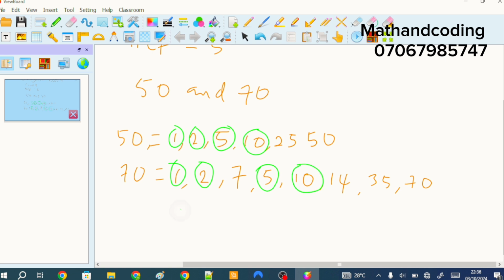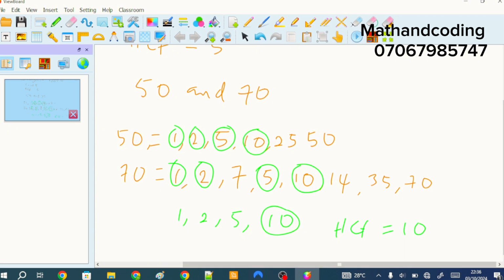Common factors are 1, 2, 5, and 10. Among all these factors, which of them is the highest? 10 is the highest. So HCF of 50 and 70 is 10. The highest number that can divide both 50 and 70. That is the highest common factor.